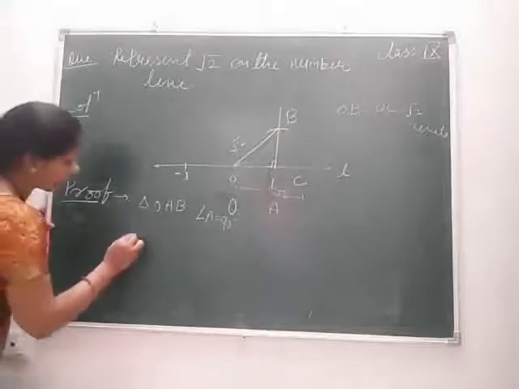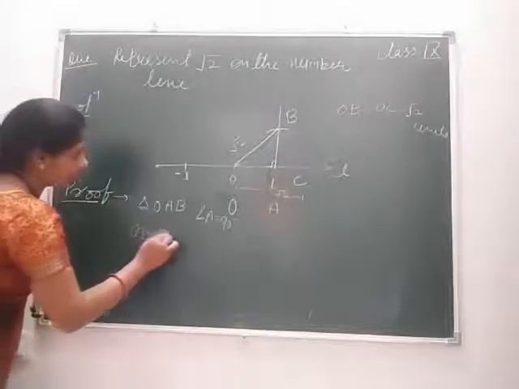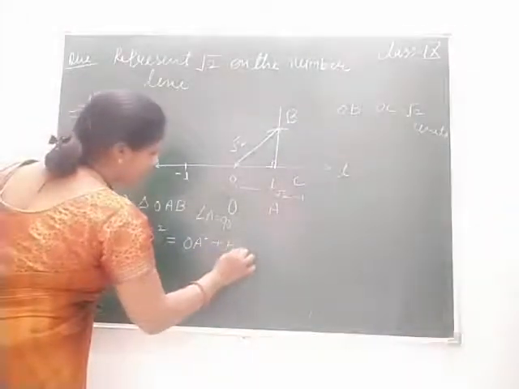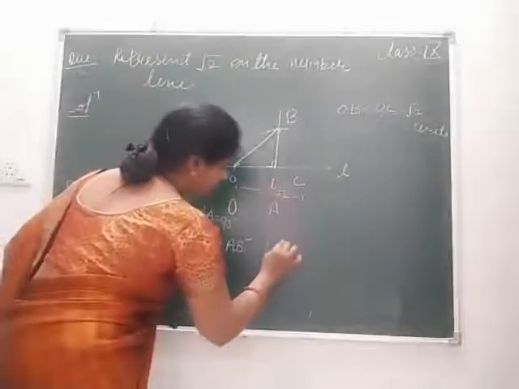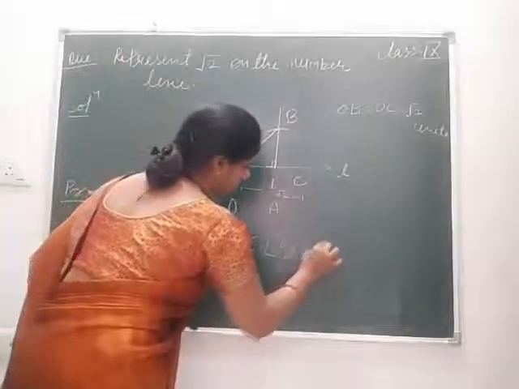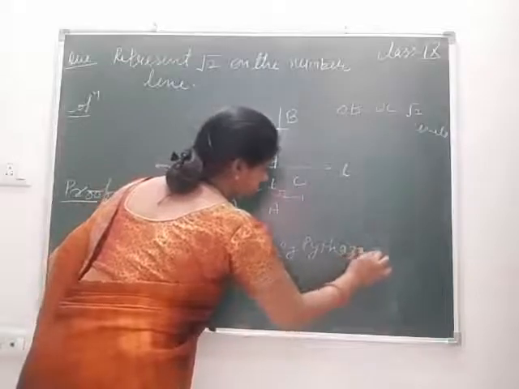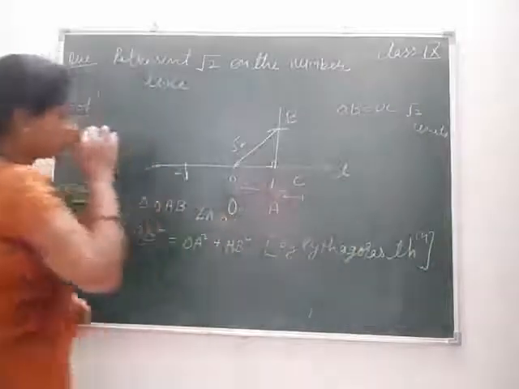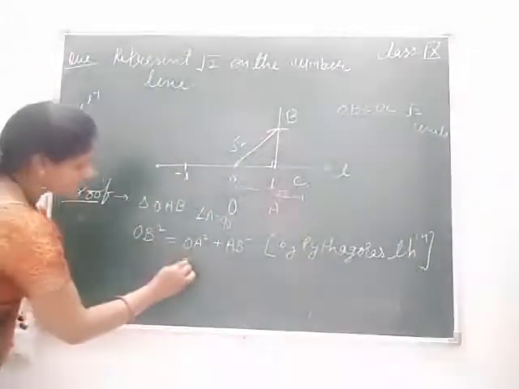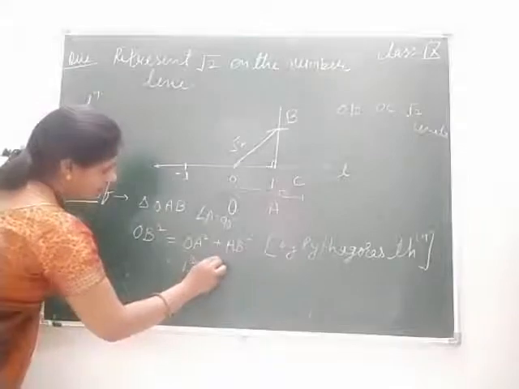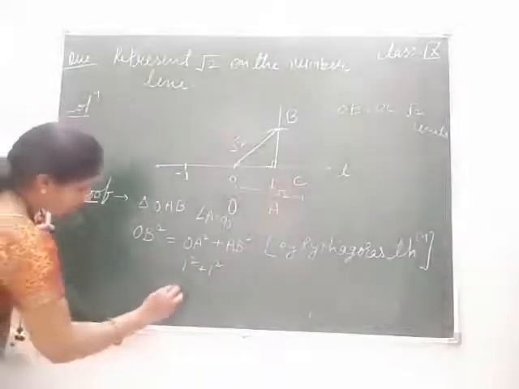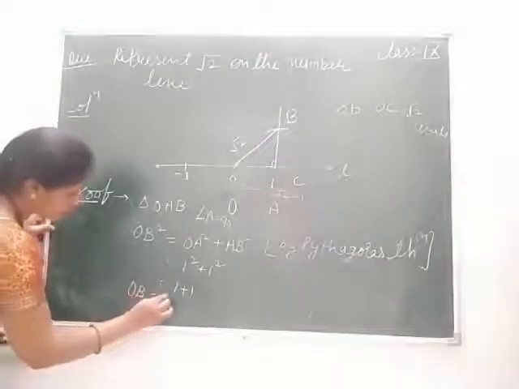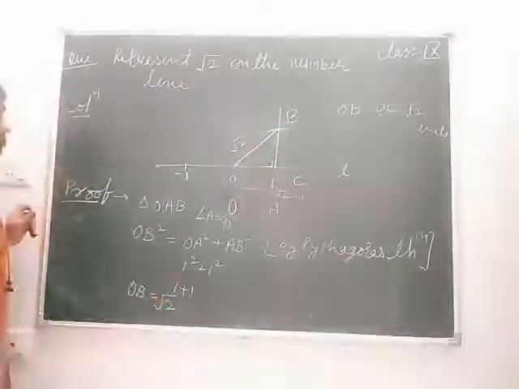In the Pythagoras theorem, OB square equals to OA square plus AB square by Pythagoras theorem. OA 1 unit, AB 1 unit, means 1 plus 1, OB equals to root 2.